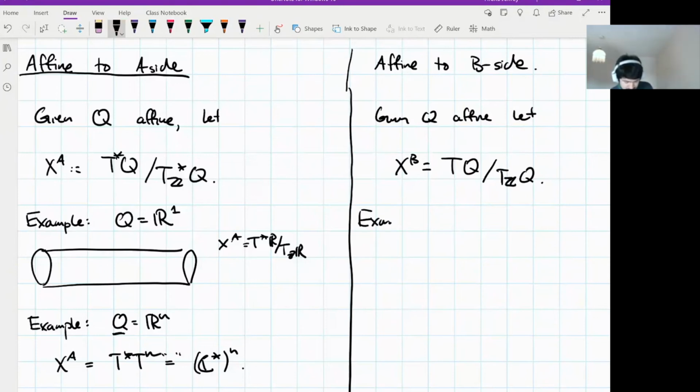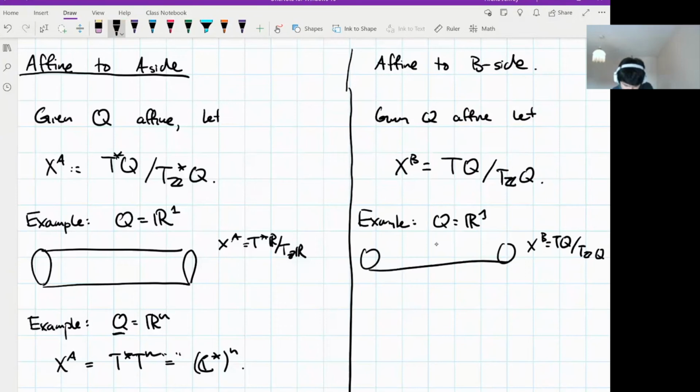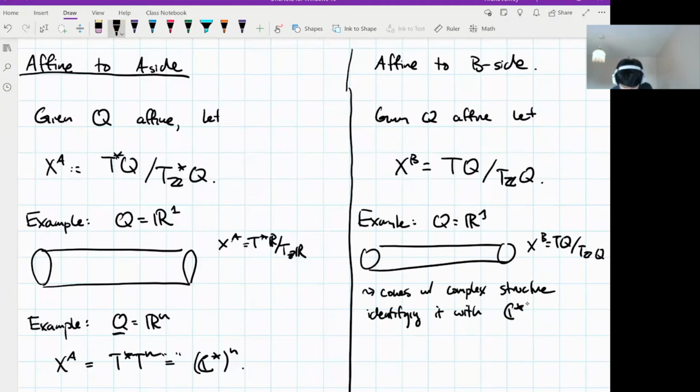Okay, so example, and this will be a little bit deceptive: if I let Q equal R^1, then X_B will be TQ mod T_Z Q, and this will look like, again, a cylinder. It comes with a complex structure, identifying it with C*. So the complex structure that this thing receives is the honest complex structure that you have on the algebraic torus.